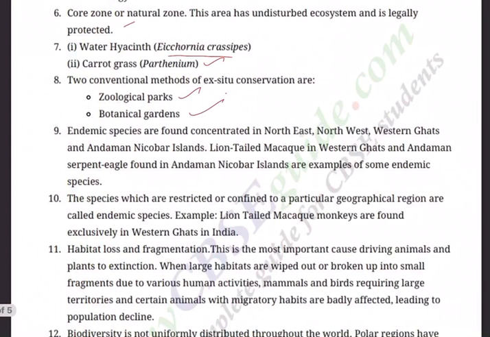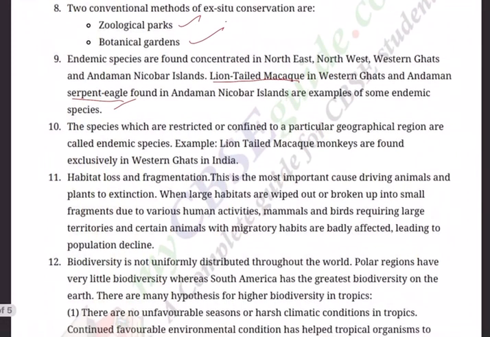Question 9. Endemic species are found concentrated in the Northeast, Northwest, Western Ghats, Andaman and Nicobar Islands. Lion-tailed macaque, I have shown you the picture of this, from the Western Ghats, and the Andaman serpent-eagle found in Andaman Nicobar Islands are the best examples of some endemic species.